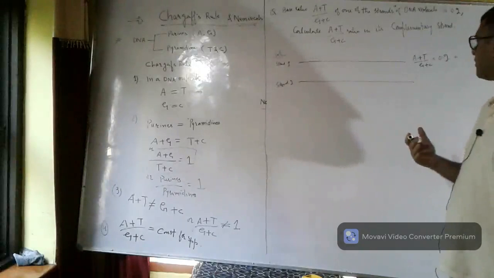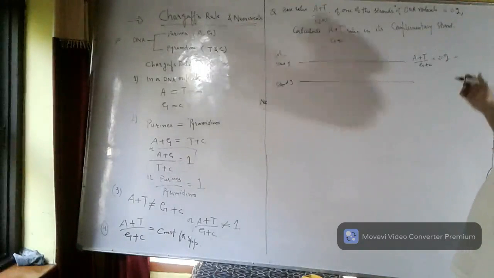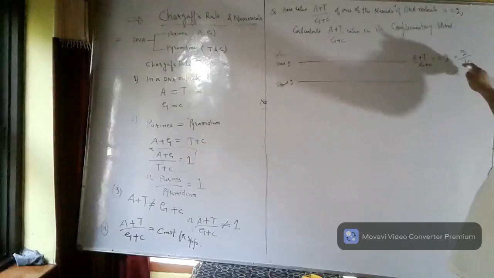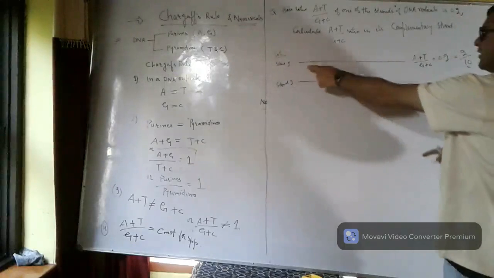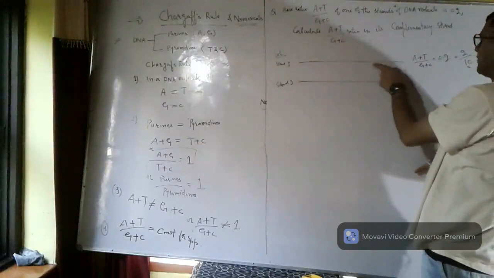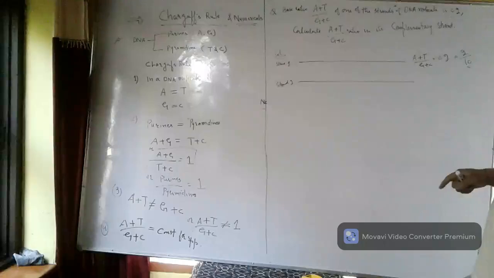We know that adenine plus thymine by guanine plus cytosine is equal to 0.2. Then we can calculate the number of these bases. It means 2 by 10. That means in this strand there are 2 molecules of adenine, thymine and 10 molecules of guanine, cytosine.